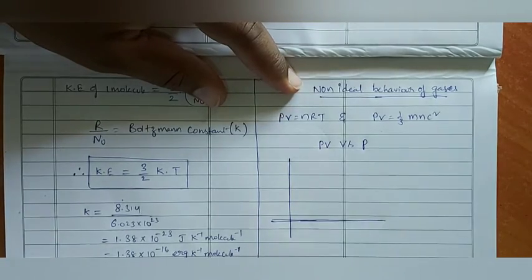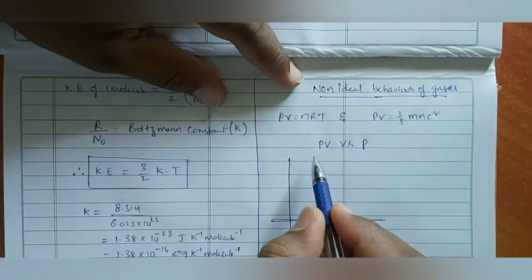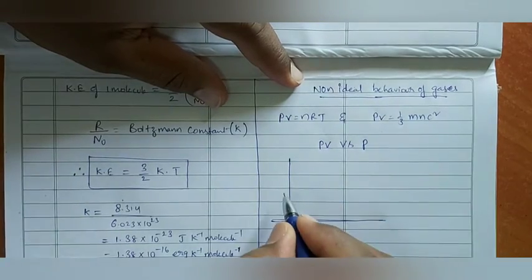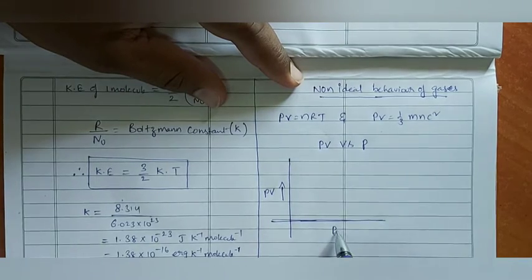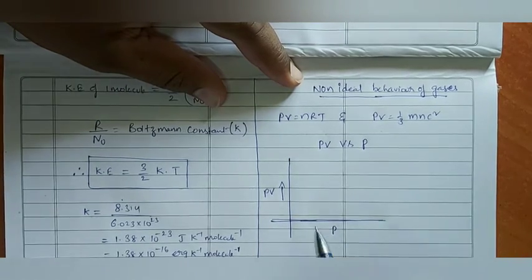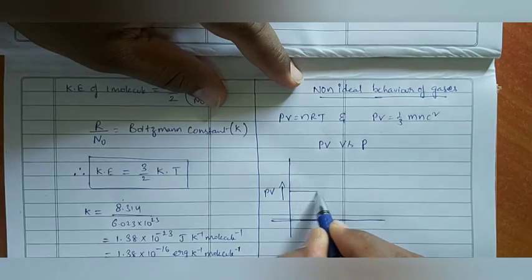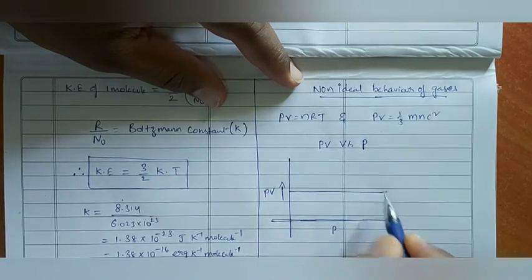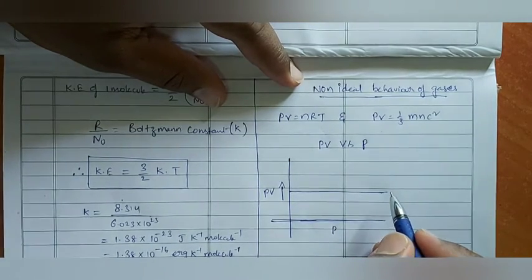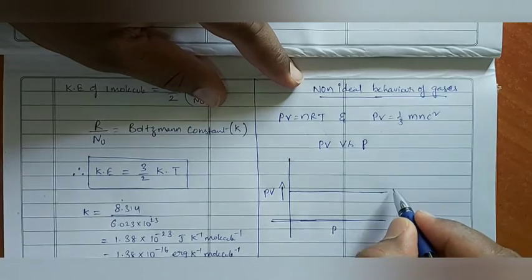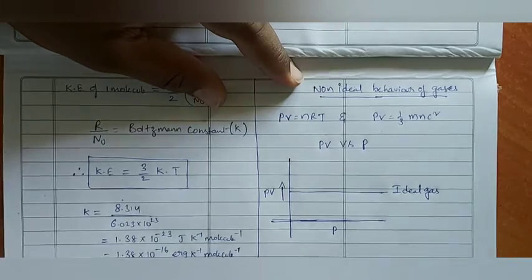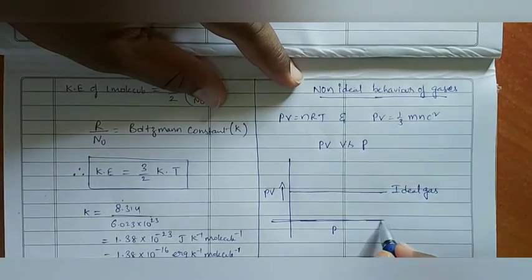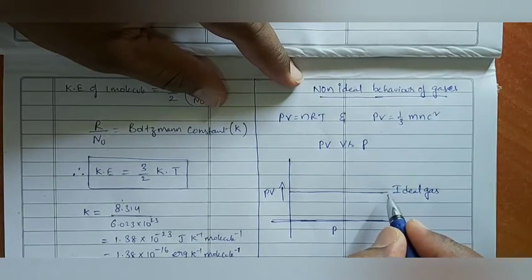According to Boyle's law, PV is constant. So on the y-axis I am going to take PV. On the x-axis I am going to consider P. A straight line parallel to the x-axis means it is constant. If we get a straight line, that is called ideal gas.